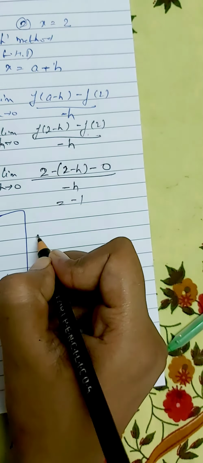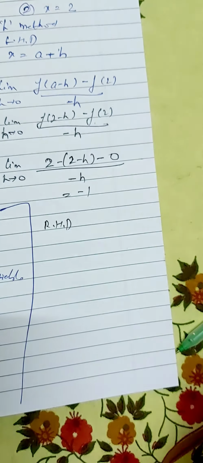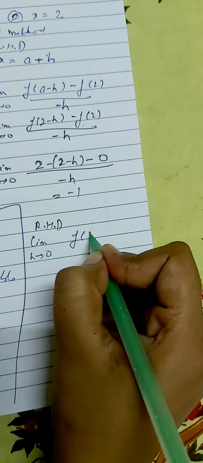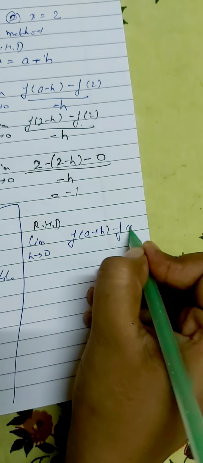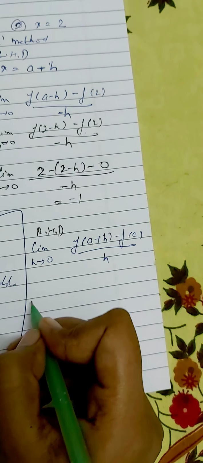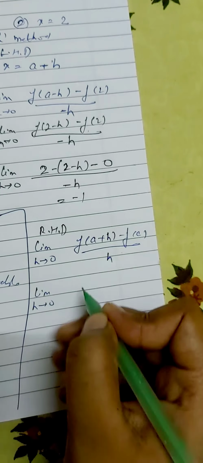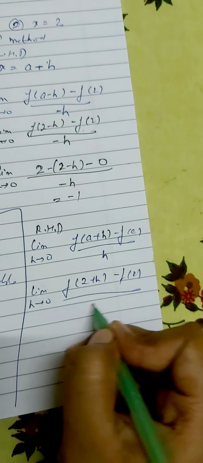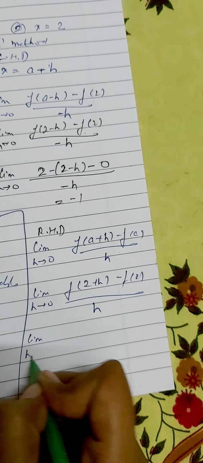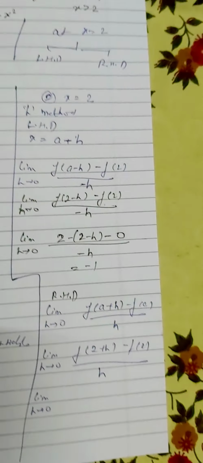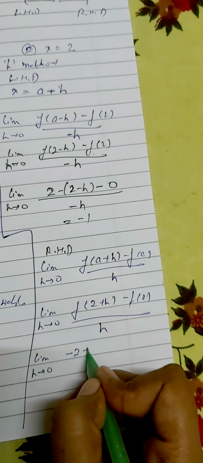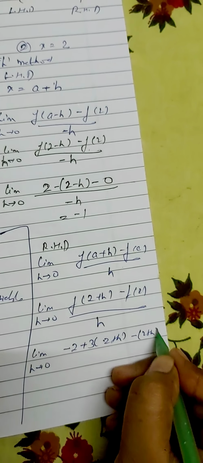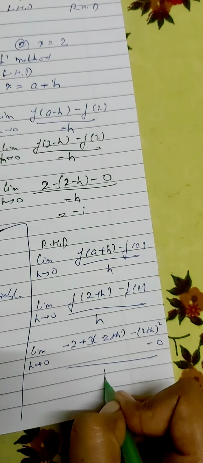Next, my right hand derivative: limit h tends to 0 of (f(a plus h) minus f(a)) divided by h, so limit h tends to 0 of (f(2 plus h) minus f(2)) divided by h. So we have (minus 2 plus 3(2 plus h) minus (2 plus h) whole square minus 0) divided by h.